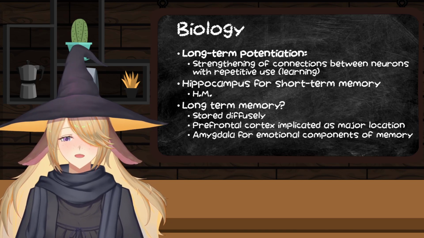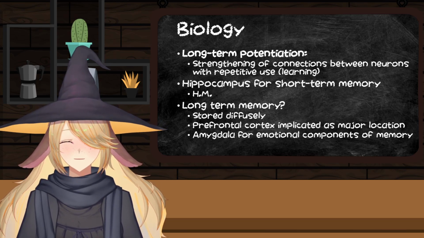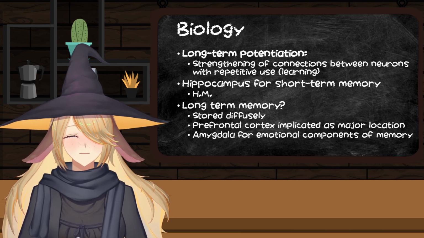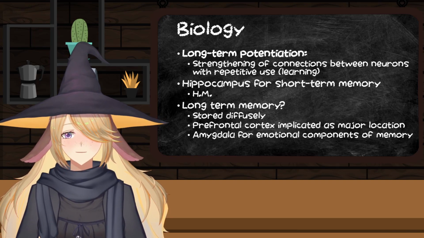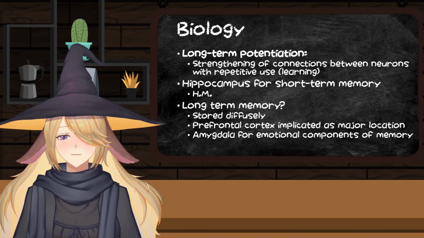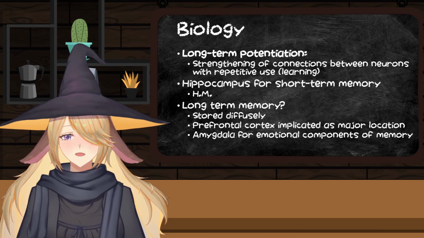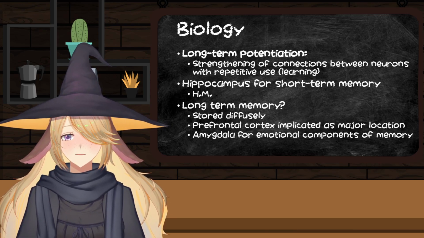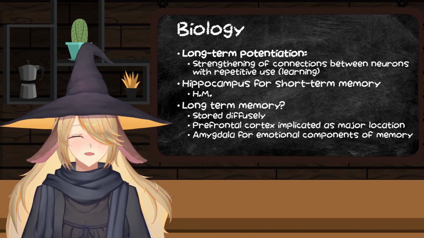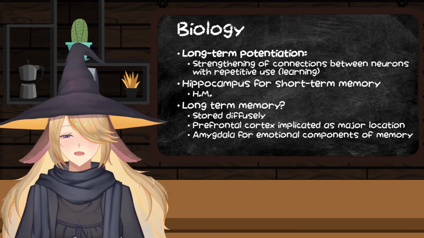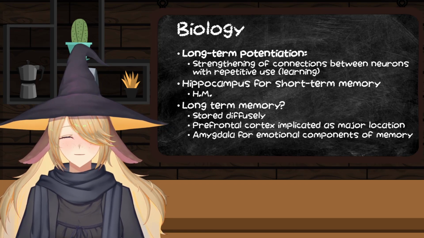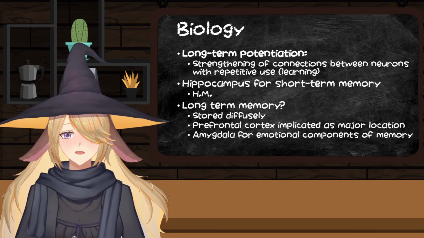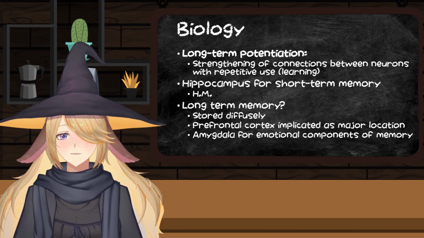So we know the hippocampus is instrumental for transitioning short-term information into long-term memory, but where is long-term memory? Short-term and long-term memory are connected via the hippocampus. We know that. But beyond that, it seems like it's proliferated around the brain. We know that the prefrontal cortex is implicated as a very important spot.